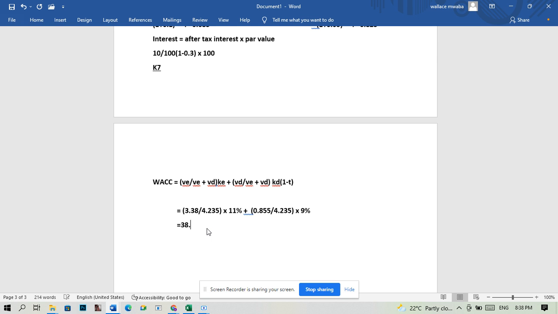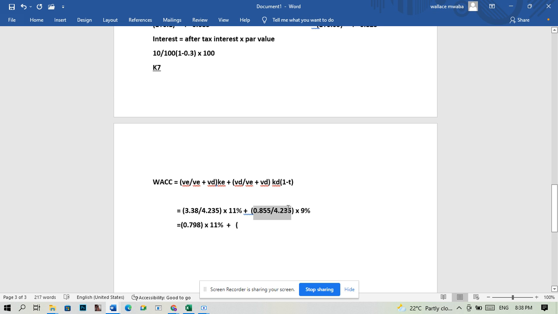What was 3.38 divided by, it was 0.798, if I'm not mistaken. Please correct me if I'm mistaken. Times 11%. It's 8.679?